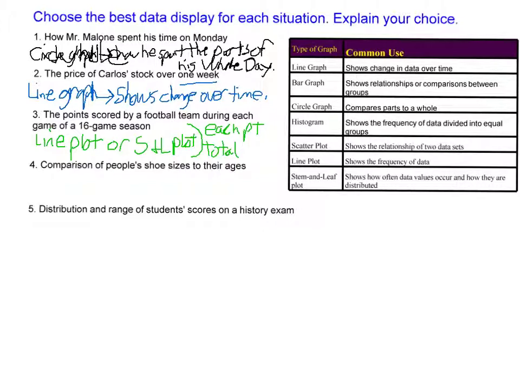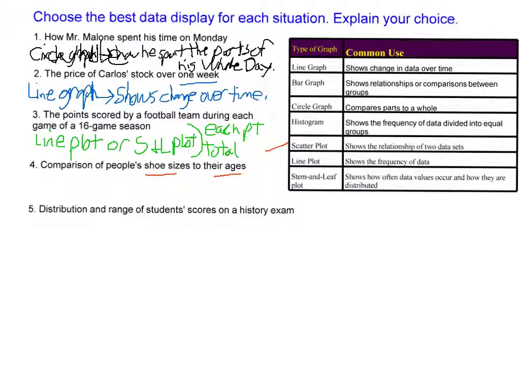Number 4, comparison of people's shoe sizes and their age. So this has come up before. So think about that one. What would be a good graph for that? A good one there would be scatter plot. And it's because these are kind of two different things, shoe size, age.